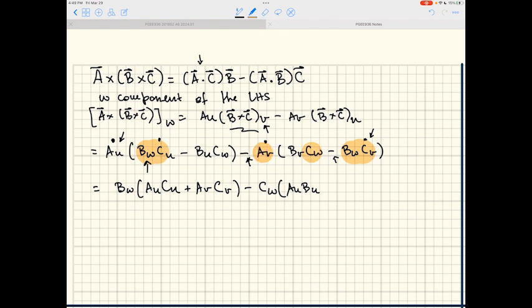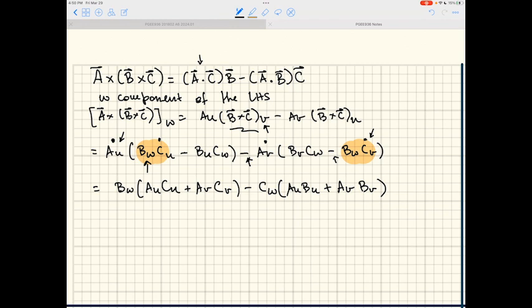So what we have is minus CW, with AU BU, plus another CW here as a common factor, minus AV BV. Oh, sorry, this is a minus sign here, and here is also a minus sign. So we have to put minus as a factor, so we're going to have a plus here, AV BV, right?